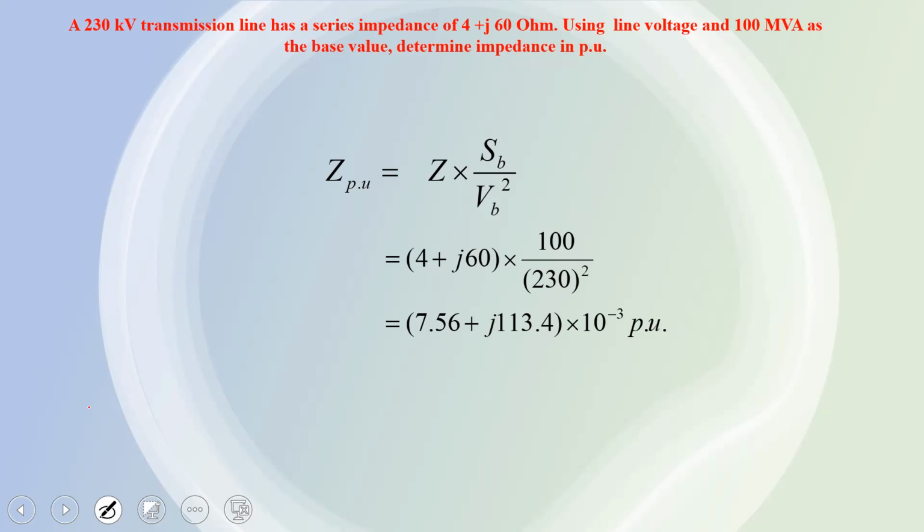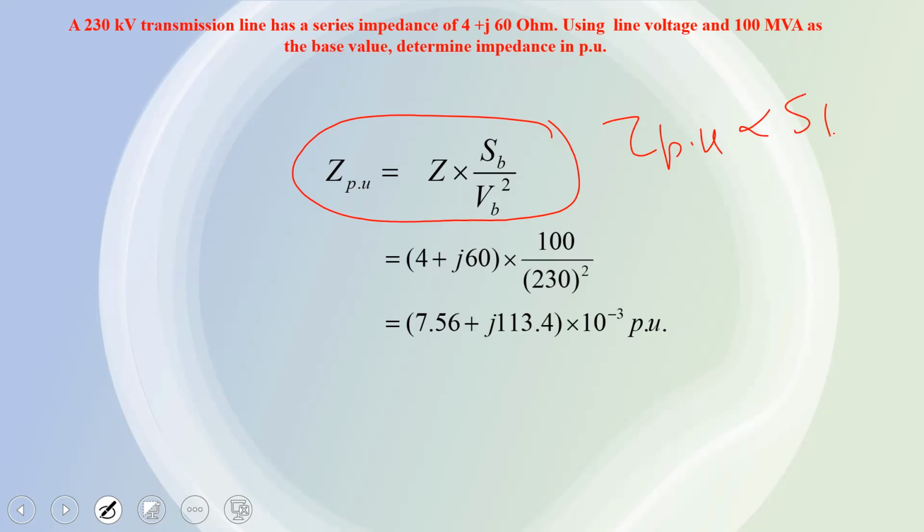For that type of conversion, this formula will be helpful. In this formula, you can see the per unit impedance is directly proportional to base MVA and inversely proportional to the square of the base voltage. So you must remember this concept.